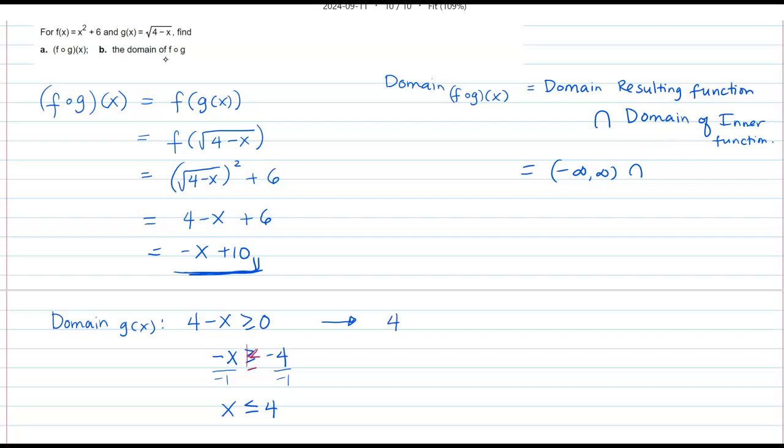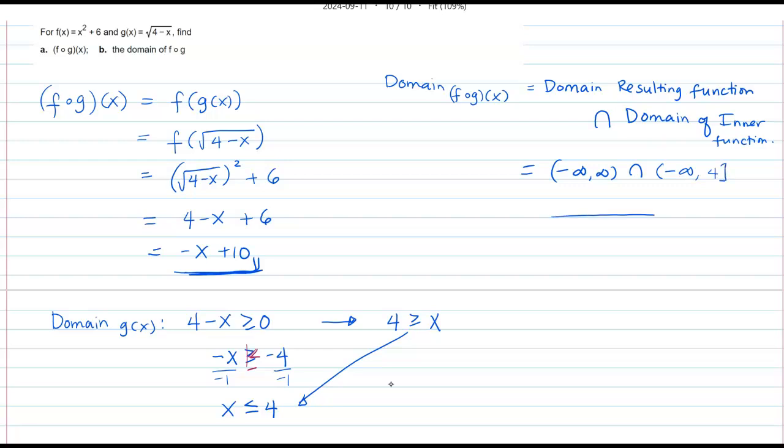So you have 4 greater than or equal to x. You read that as x is less than or equal to 4. So in interval notation, you have negative infinity to 4.